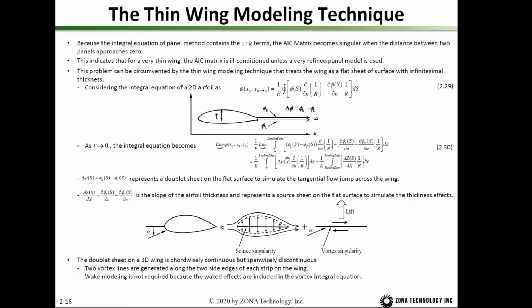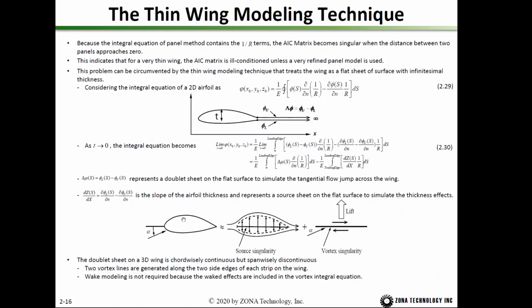This we call the difference of the doublet strength between the lower surface and upper surface, and this represents a doublet sheet on the flat surface to simulate the tangential flow jump across the wing. And the difference in the source strength can be represented by the slope of the airfoil thickness to represent a source sheet on the flat surface to simulate the flow thickness effect.